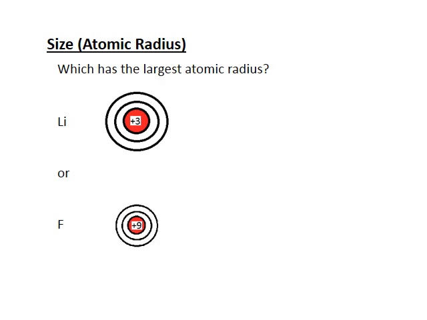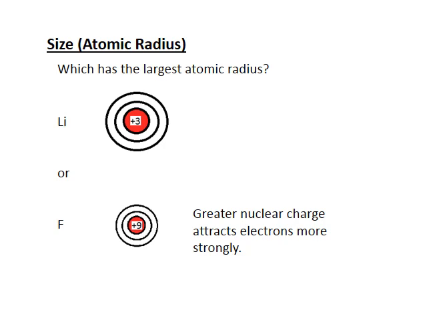And the reason primarily is that if I look down in the nucleus, I've got a +3 charge down in the middle of lithium. I've got a +9 charge down in the middle of fluorine. The greater positive charge is going to draw those electrons in more. So with more nuclear charge, the electrons are attracted more strongly, so the atom is smaller within a given period.